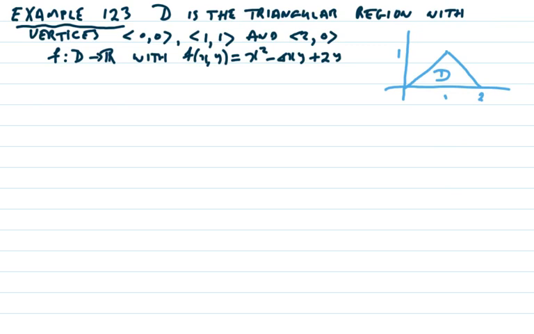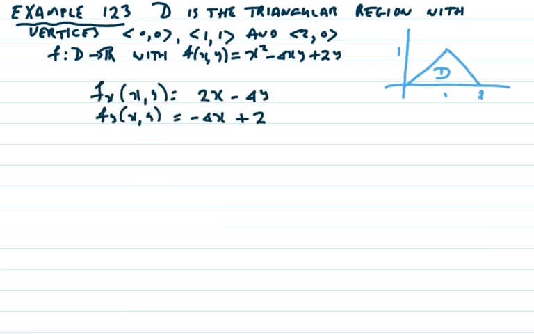In this example, D is the triangular region with vertices at (0, 0), (1, 1) and (2, 0) indicated in the sketch. The function f that we considered, defined on D, is given by f(x, y) = x² − 4xy + 2y.